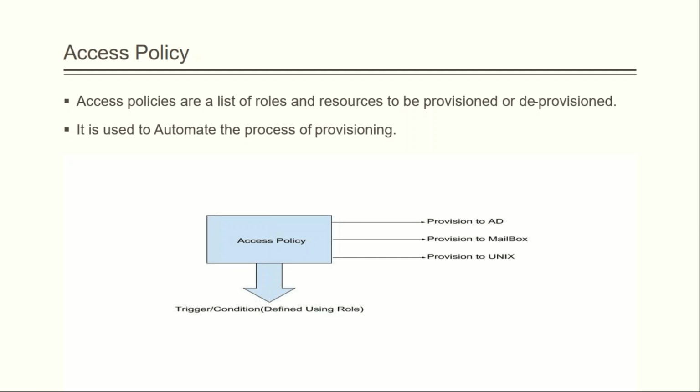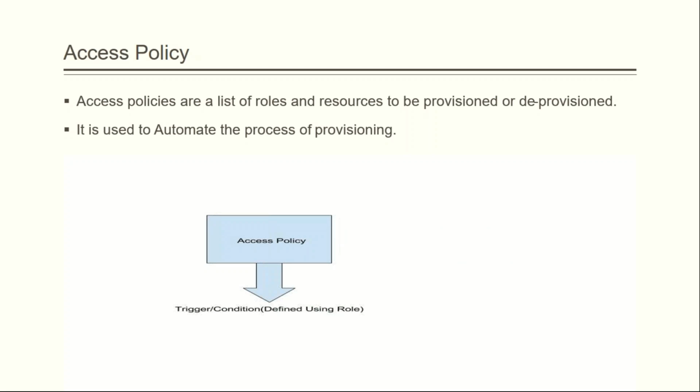Now using access policy, what I am going to do: I have certain resources over which I want default access for all the users, like mailbox, ID and all. So I have created an access policy. In the access policy, I have defined all those resources, so that if a user has this role in OIM, then you should provision that user to the target system automatically.